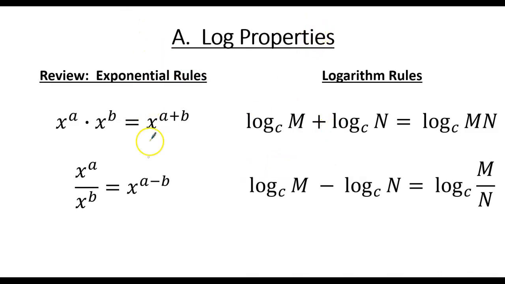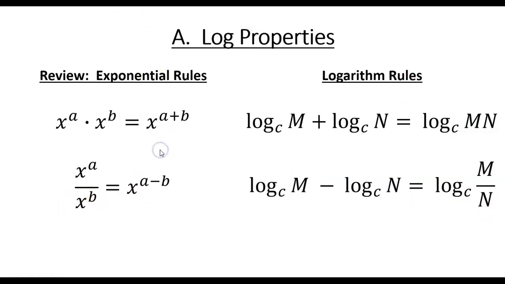Just like subtraction goes with division over here, subtraction goes with division. And so if you have two logs that are being subtracted from each other, you could rewrite that as a single logarithm where the argument of the first one is being divided by the argument of the second one. Okay? That is our second log rule that matches exponential rules.